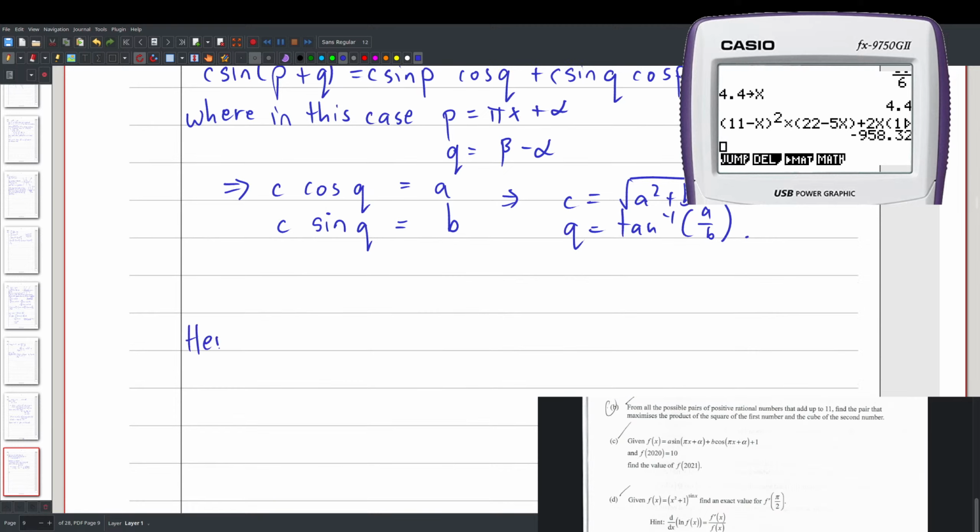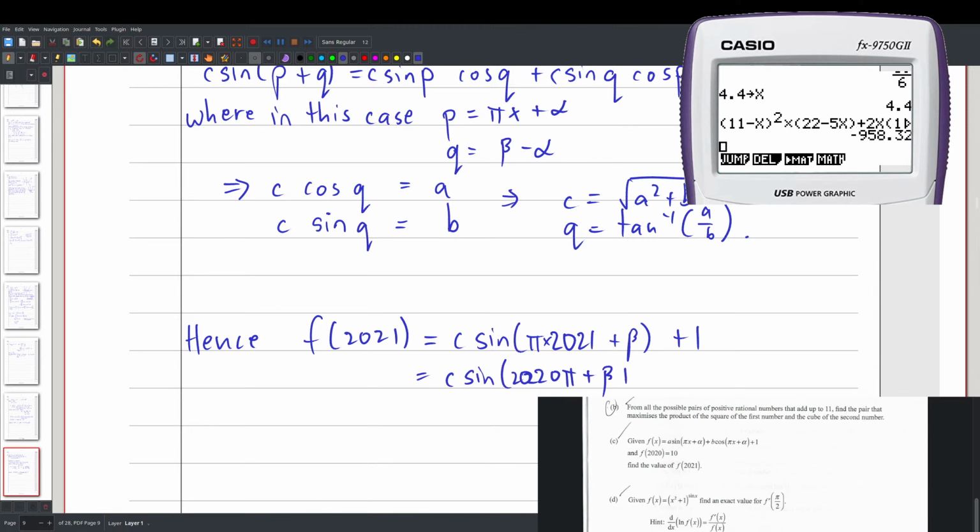Hence, what is this? F of 2021 equals c sine(pi times 2021 plus beta) plus 1, which is c sine(2020 pi plus beta plus pi) plus 1, which is negative c sine(2020 pi plus beta) plus 1, because sine of x plus pi is equal to negative sine of x.